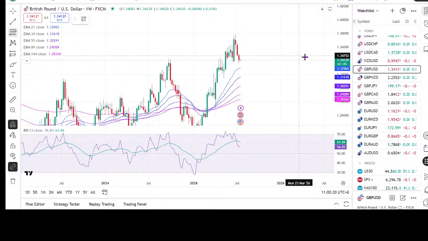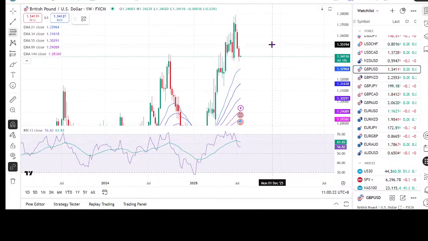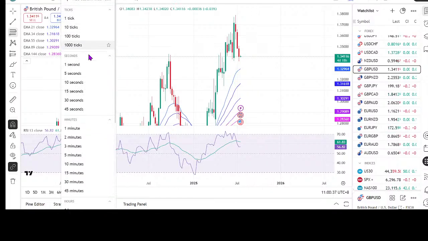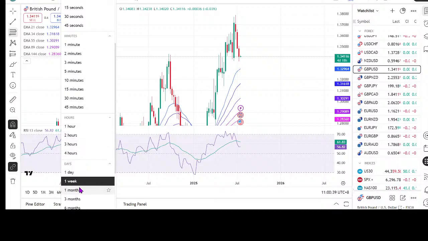Okay, then as far as the weekly entry level is concerned, right now we are seeing 134, so either we should be looking to sell near 134.80 or 135. So we have two levels for the weekly order.